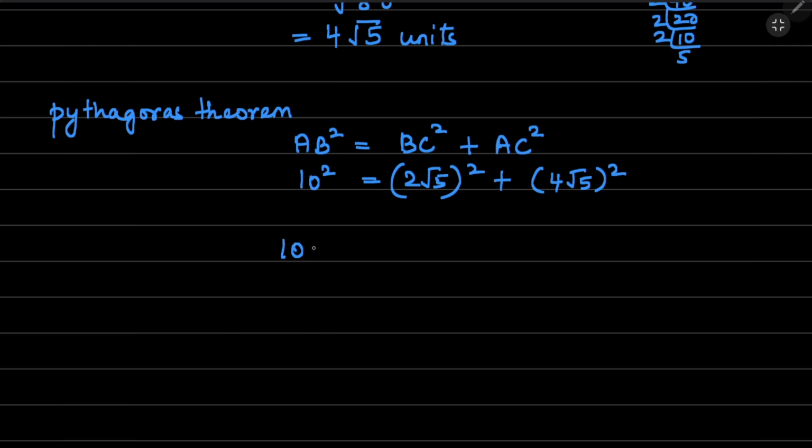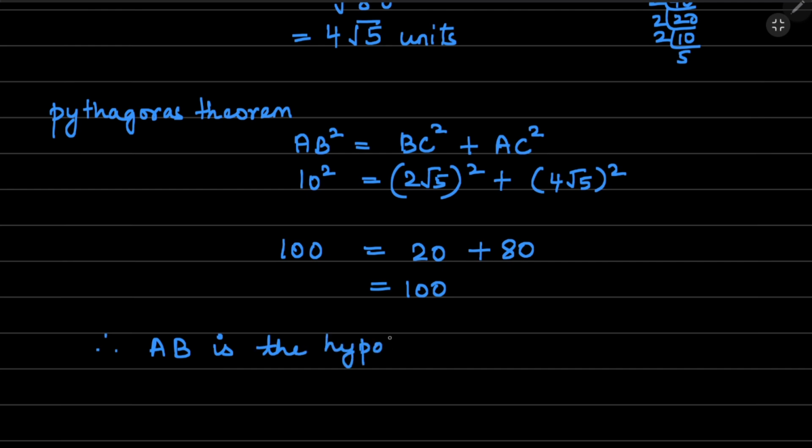So 10 square is 100, equal to, what is 2 root 5 the whole square? 2 2s are 4, 4 5s are 20, plus 4 root 5 the whole square: 4 4s are 16, 16 into 5 is 80. So this proves that AB is the hypotenuse. Therefore, AB is the hypotenuse.